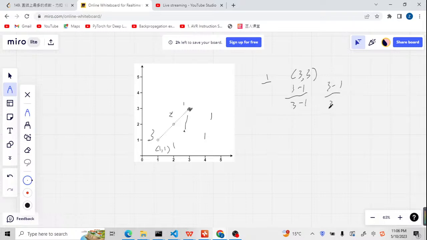So if this point is x2, y2 and this is x1, y1, then we calculate the slope as y2 minus y1 divided by x2 minus x1.